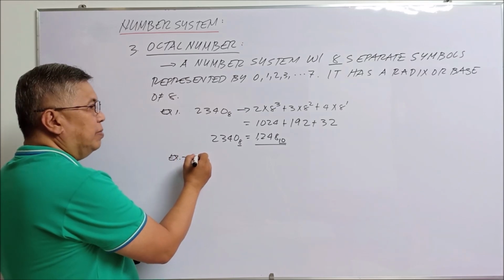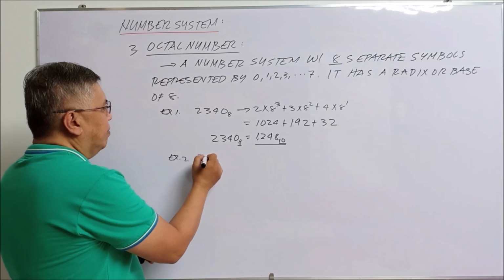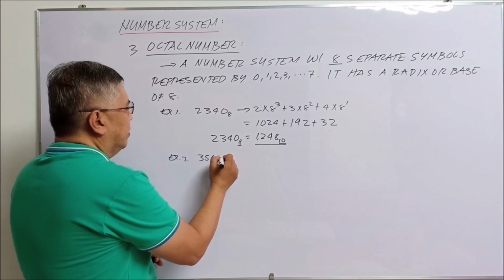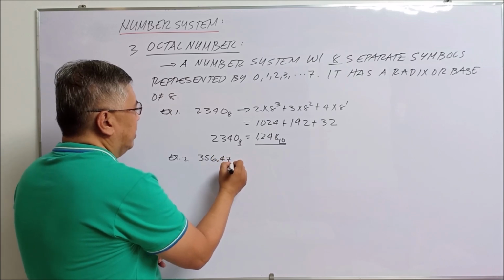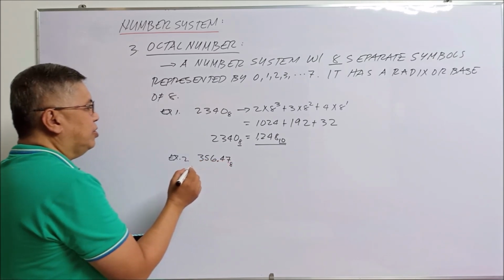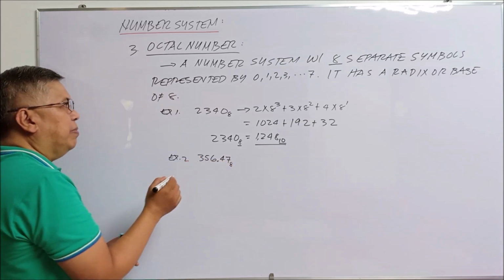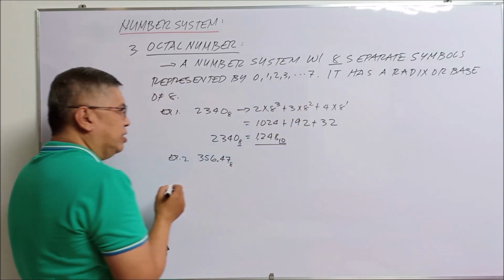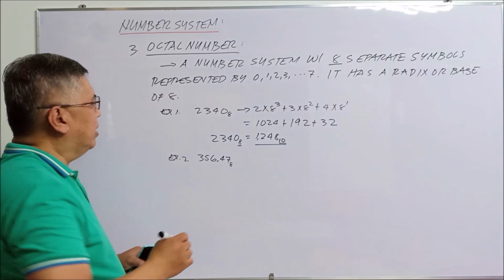Another example. For example, you have 356.47 of base 8. Again, the numbers here should be represented only by symbols from 0 to 7, and there is no more 8 in this particular octal number system.